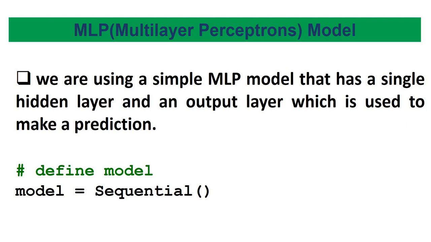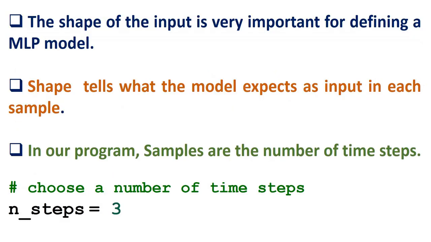While writing a Python program, you always have to define a model that will be a sequential model. The shape of the input is very important for defining an MLP model. The shape tells what the model expects as input from each sample.